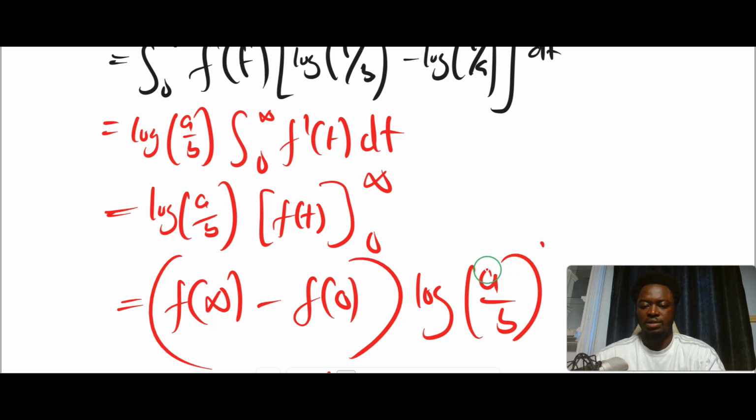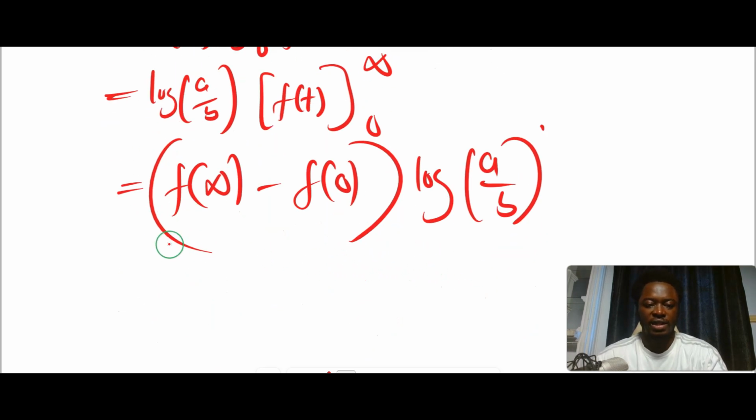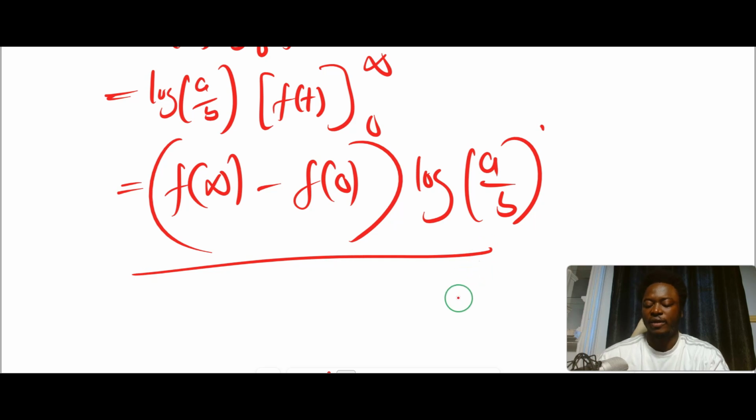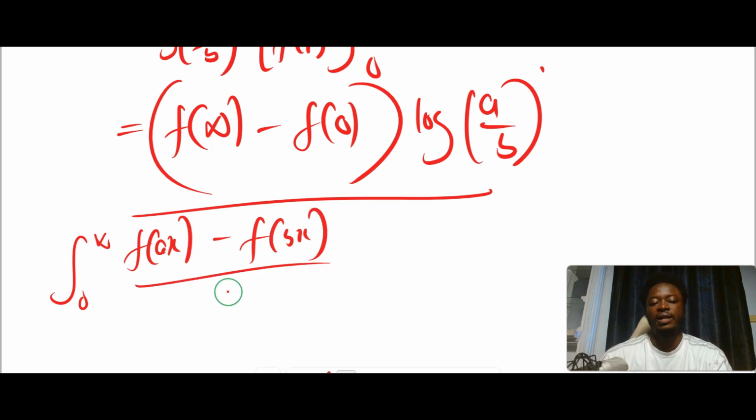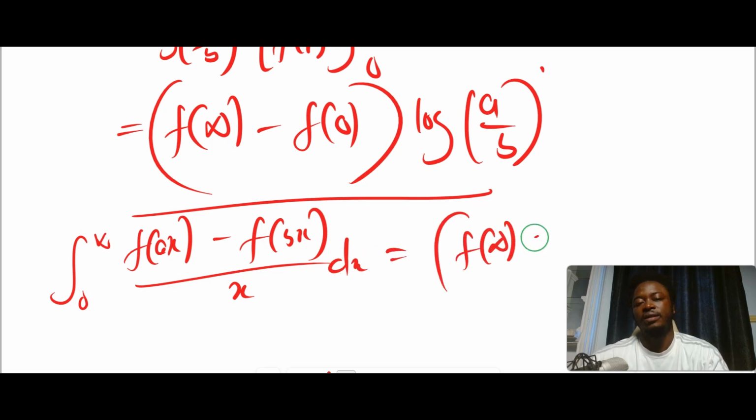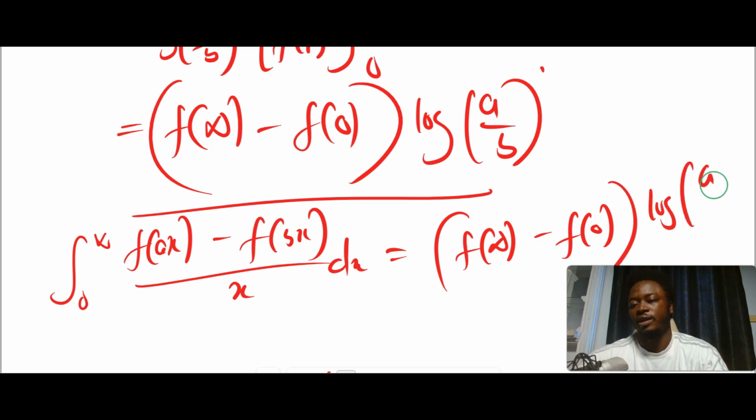So you can see that we have established something here. We have established the fact that the integral from 0 to infinity of f of ax minus f of bx, all divided by x dx, is f of infinity minus f of 0 times logarithm of a divided by b.